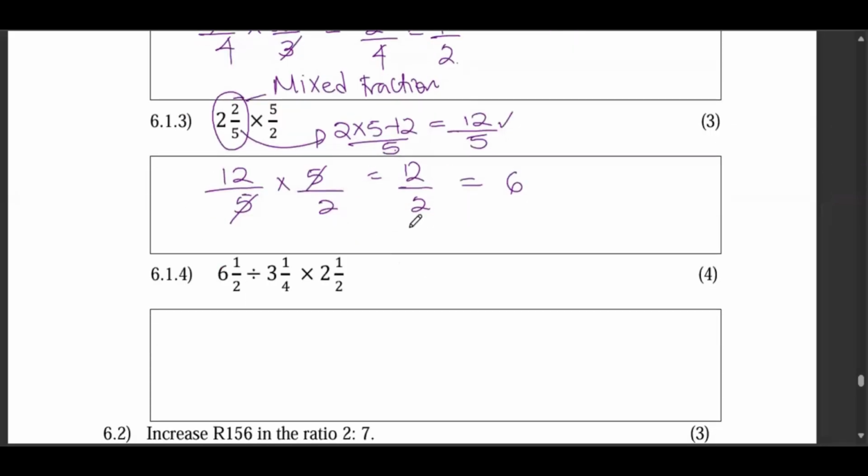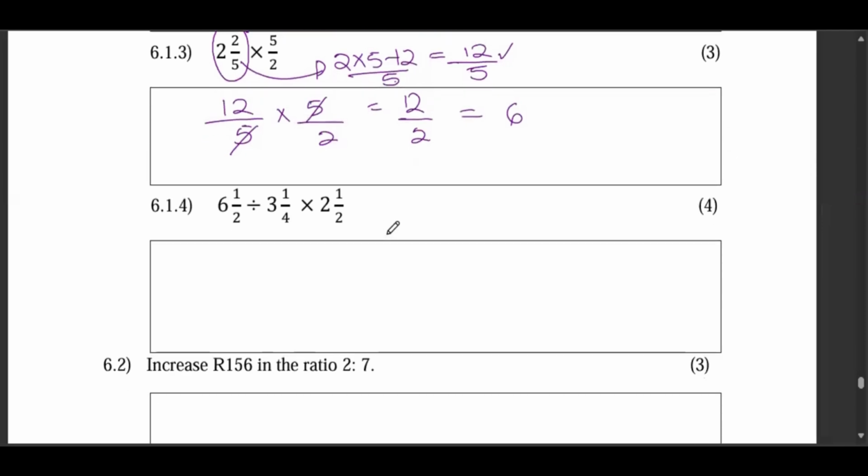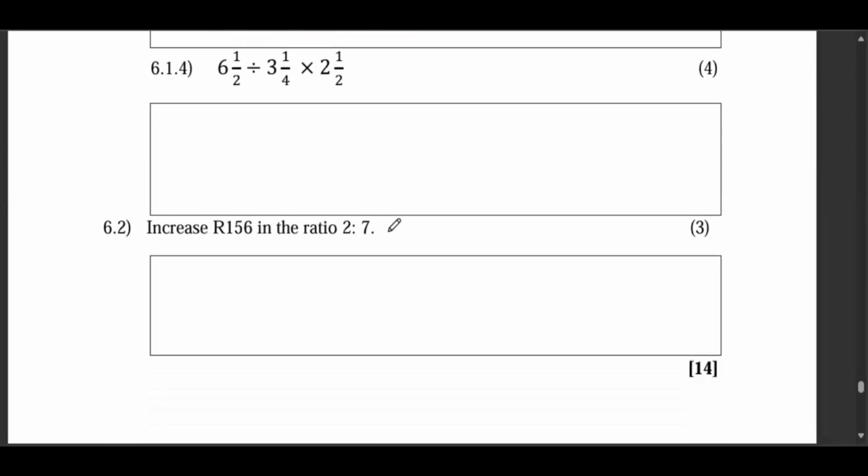That's what happens when we are dealing with simplifying fractions. Anyway, let's complete also this.